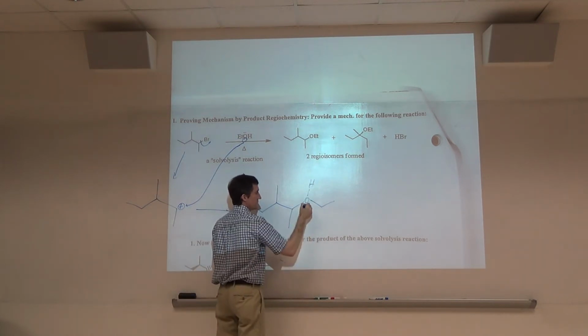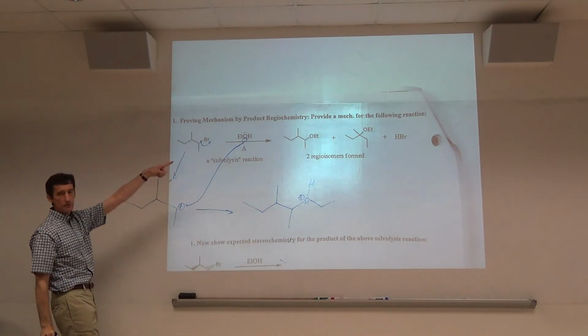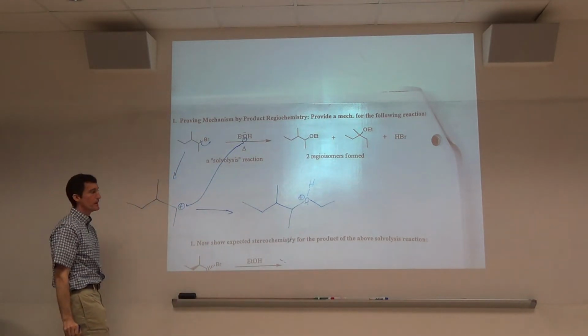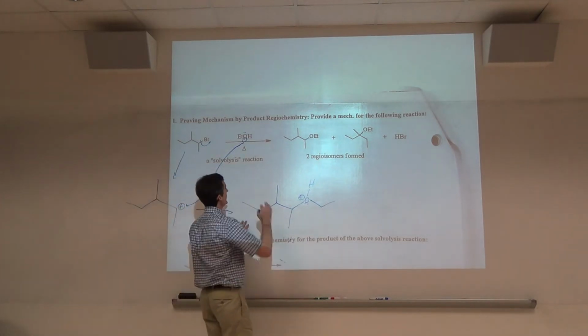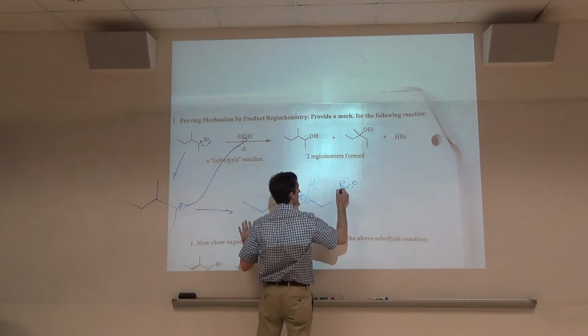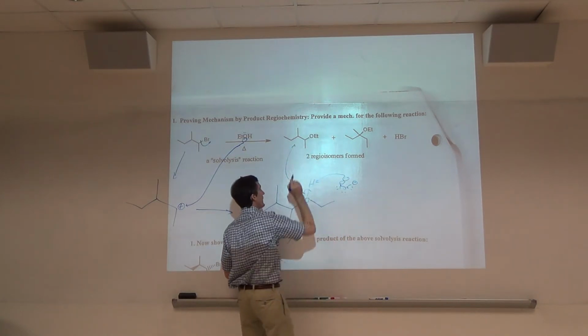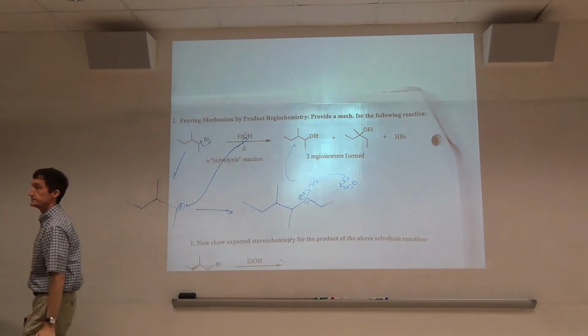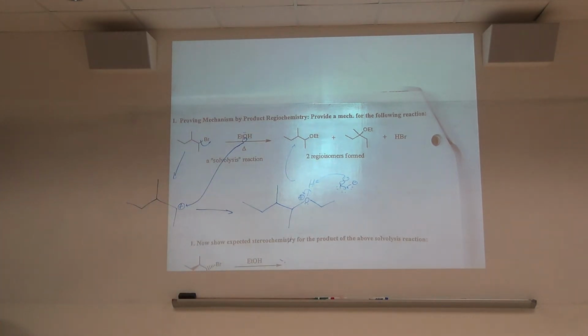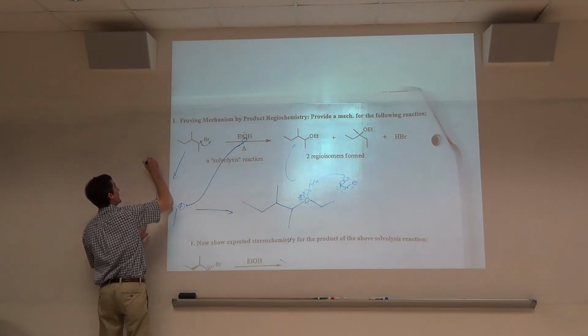We haven't lost that. There's only one lone pair. That's a plus charge. Now how do we get the first product? We just have to lose the H. What can take it? Well, the leaving group can take it, leave these behind, and we get that product right there, plus the HBr. And that's a good old-fashioned SN1, right?